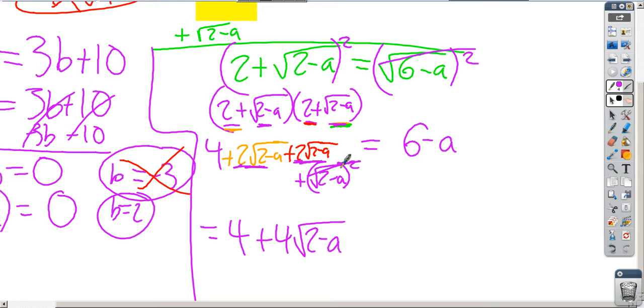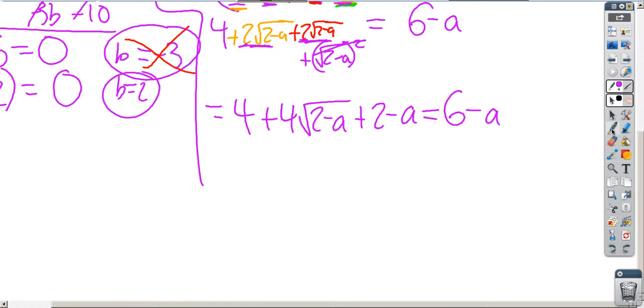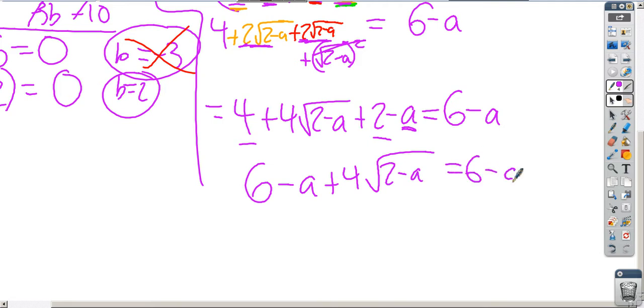And then this thing right here just becomes plus 2 minus a, and that's equal to 6 minus a. Alright, let's clean this up a little bit. We have 4 plus 2 is 6 minus the a, plus this radical term right here, and we have that equal to 6 minus a. Let's move this stuff over to the other side, so minus 6 plus a.